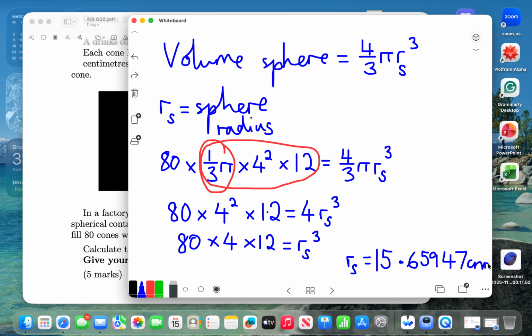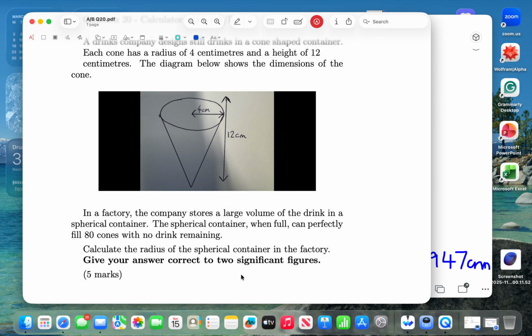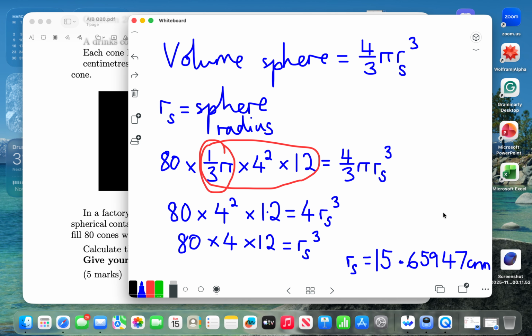We're almost finished, but the question asks us for two significant figures. So we have to round it. Go 2 digits in, you get the 5. The next digit is a 6, so we round this up to 16. So to 2 SF.